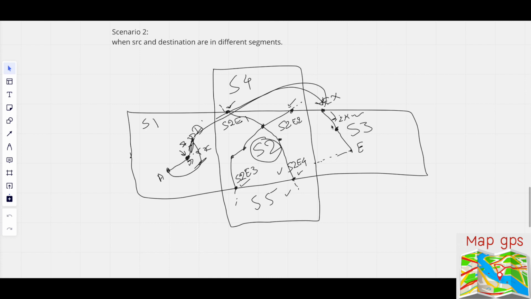From this point to this point, this is only one road, so you have to go from here only. So we will be able to serve even the points which are on the edges and are not the real points we consider; we will be able to handle those scenarios also.